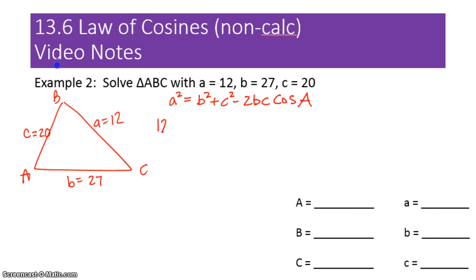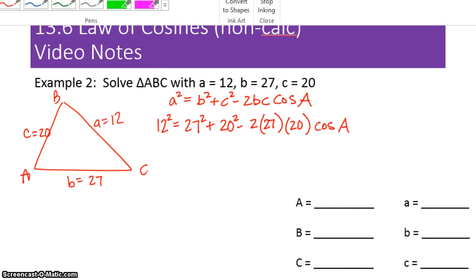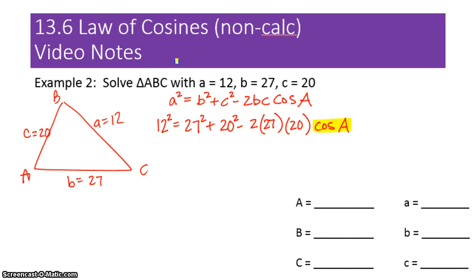So I'm going to have 12 squared equals 27 squared plus 20 squared minus 2 times 27 times 20 times cosine A. So my goal here is to try to get this cosine A by itself.